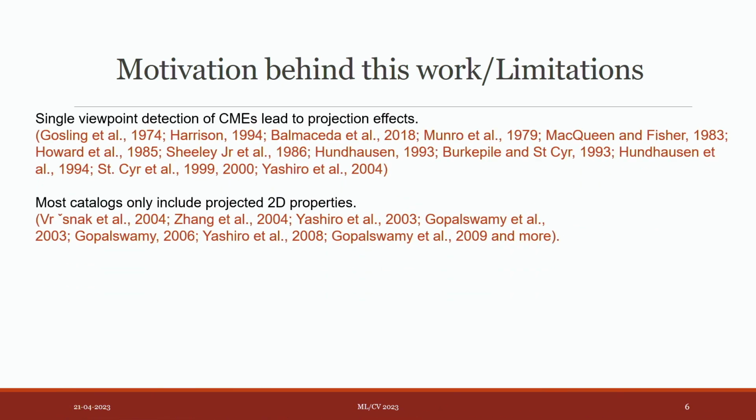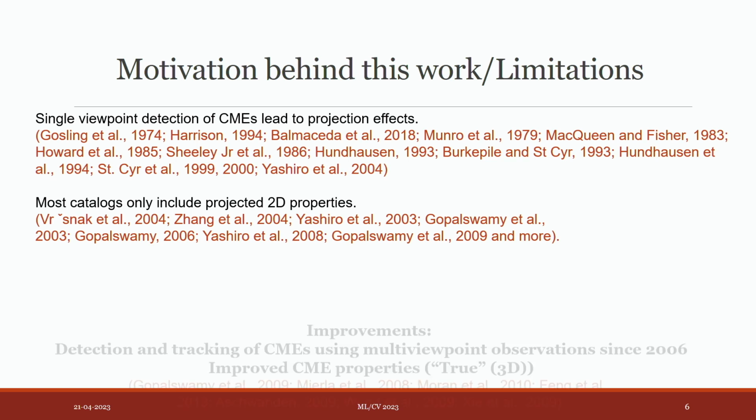Motivation behind this work now. I'm highlighting just two main limitations. First, we have single viewpoint detection of CMEs, which leads to projection effects. We know that. Since we have these detections, we have got many catalogs which include projected 2D parameters.